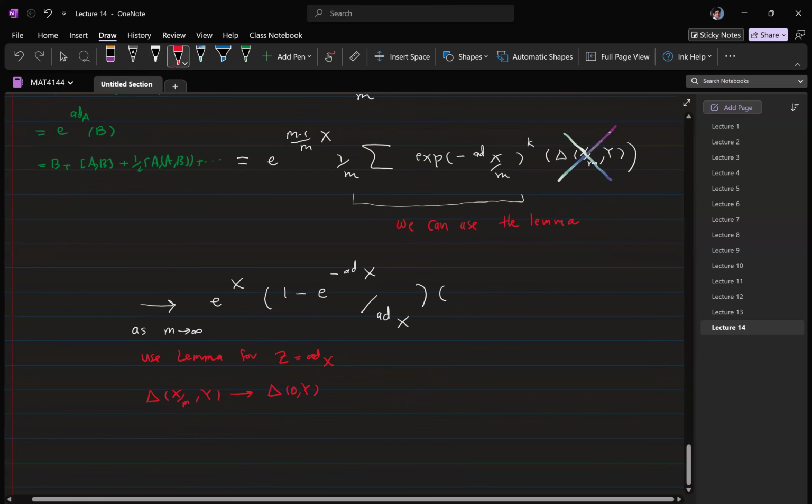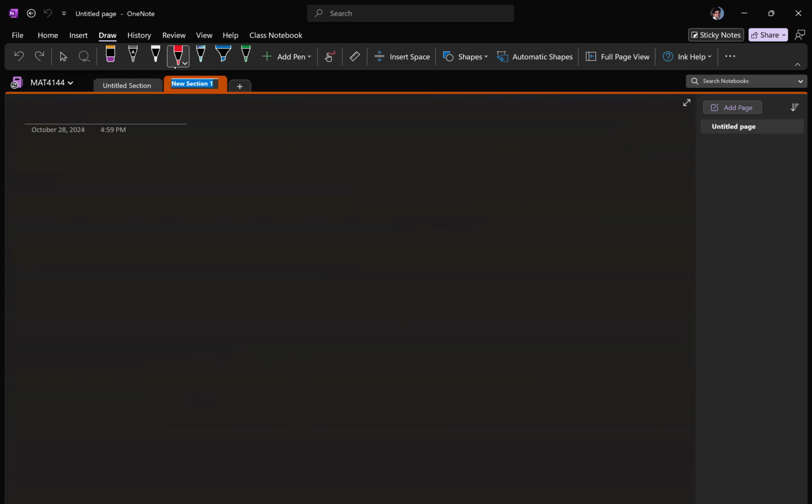Why is that so? Because this is the derivative of some function at x over m. But that function is infinitely times differentiable, so the derivative is a continuous function. The directional derivative in the direction of y is continuous in the argument of the function, which is the x over m.